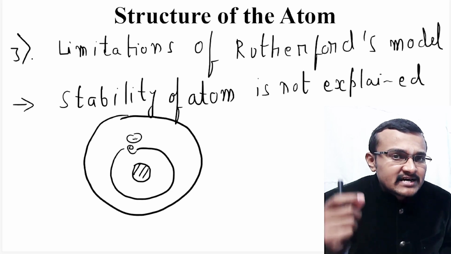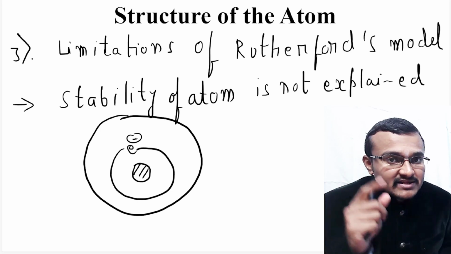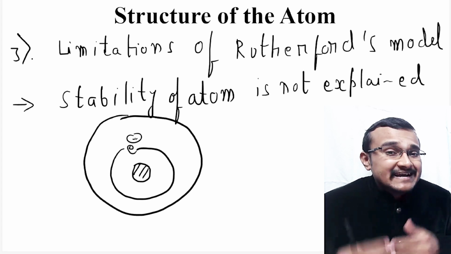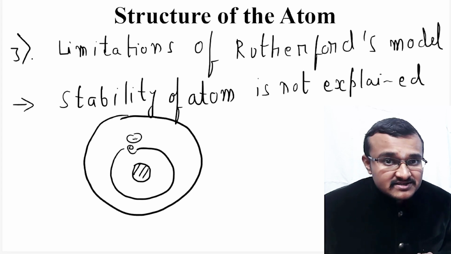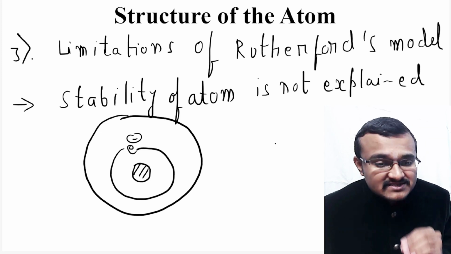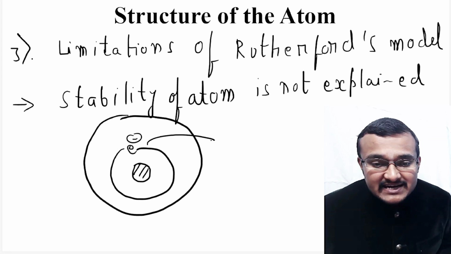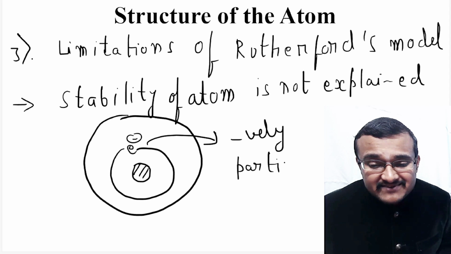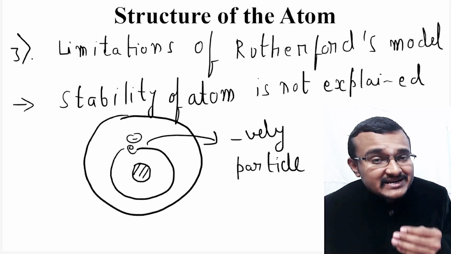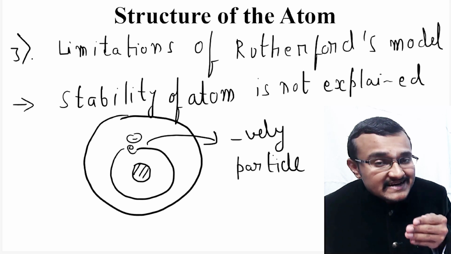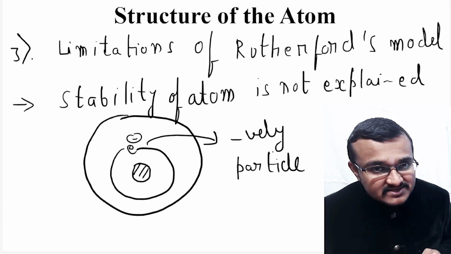Any particle which moves in a circular path will accelerate, because to maintain the angular velocity it undergoes acceleration. And when a charged particle accelerates, and here the electron is negatively charged, it has to radiate energy, and when it radiates energy it loses its energy.